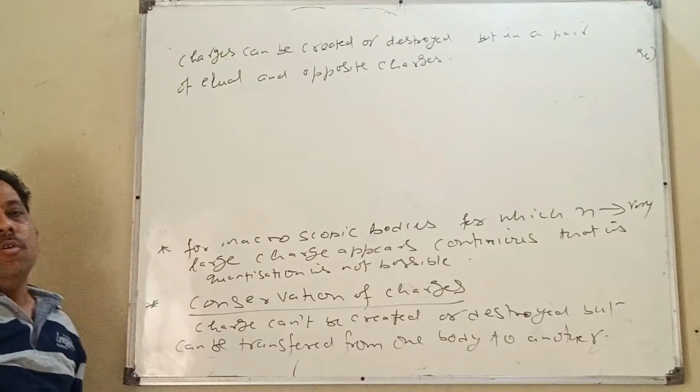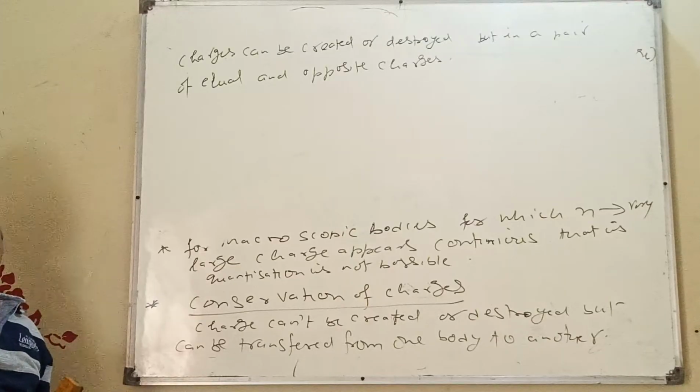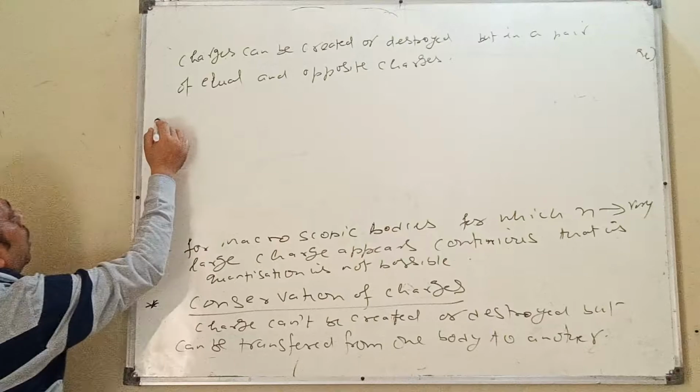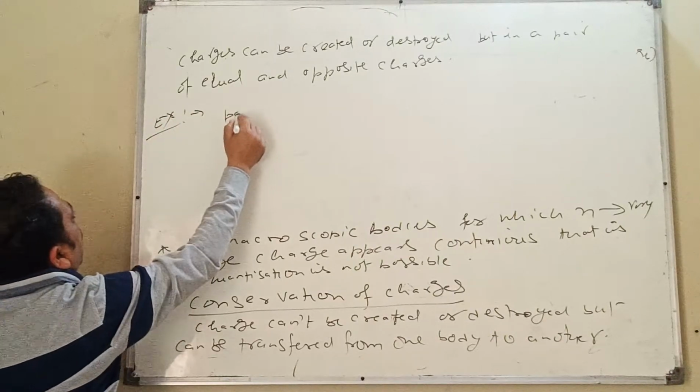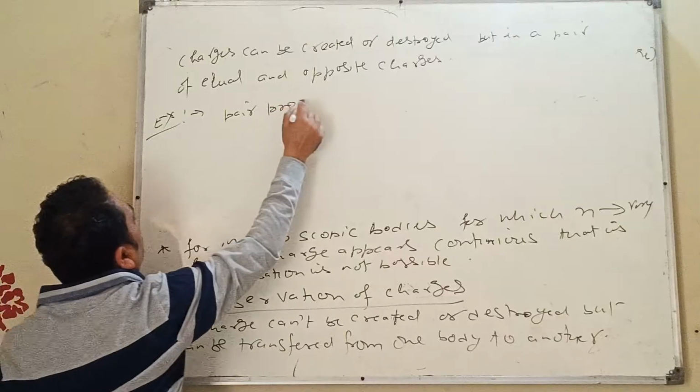You can create or destroy charge, but always in pairs. For example, you can understand it by the example of pair production.